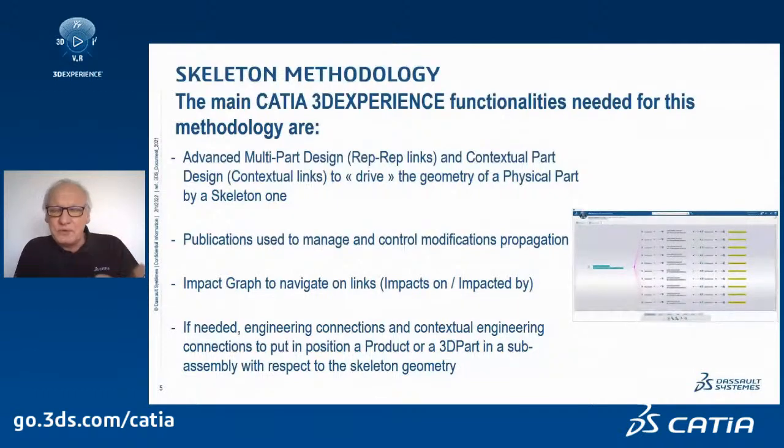Furthermore, you can add, if you want, and I will show you that later on, the use of engineering connection and contextual engineering connection to put in position a product or a part in a sub-assembly in respect to a given existing skeleton. This is a skeleton methodology or top-down approach, and we'll see some of the ways of doing that.